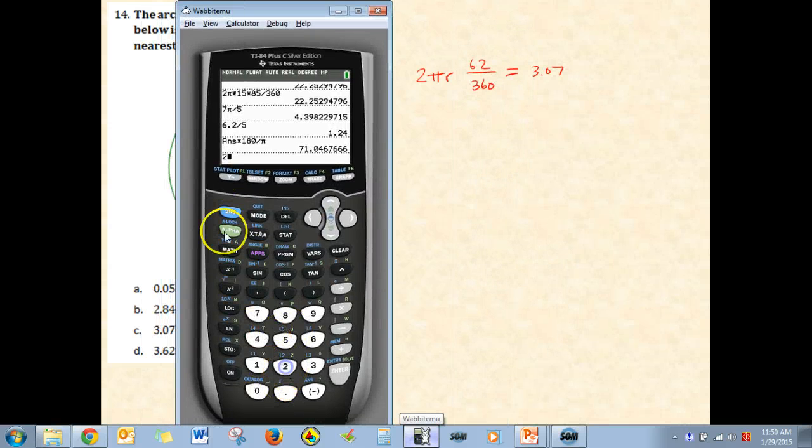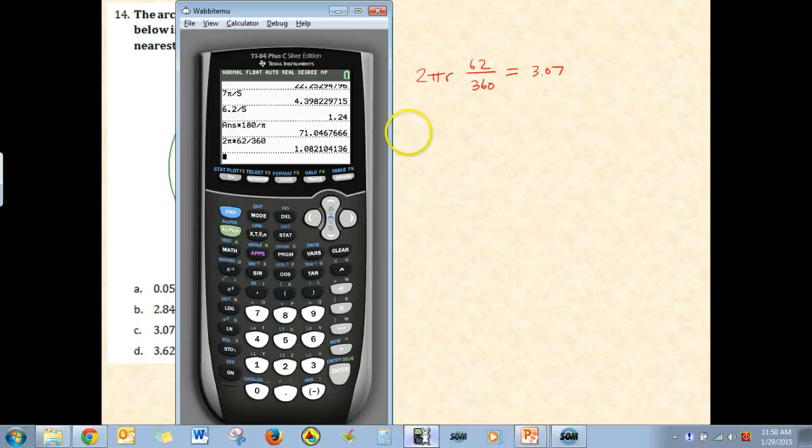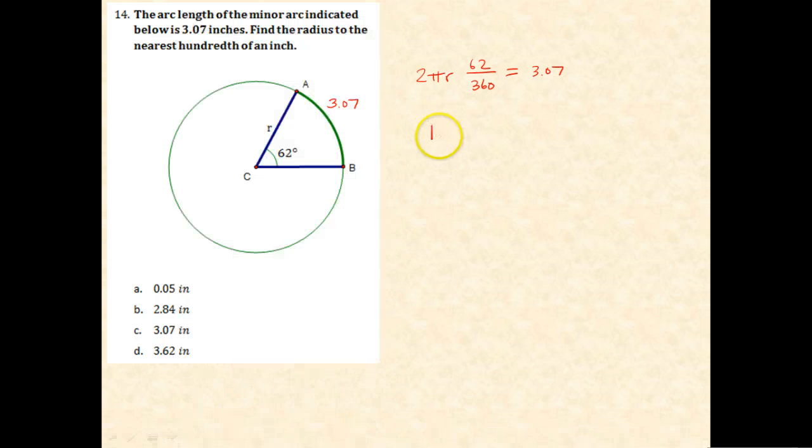So I'm going to do 2 pi times 62 divided by 360, and you get 1.0821. So 1.0821r equals 3.07. I'm going to divide both sides by 1.0821, and that should give me the radius.